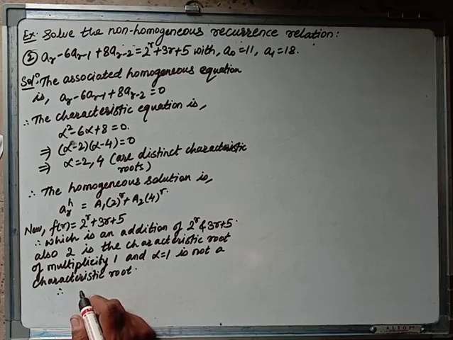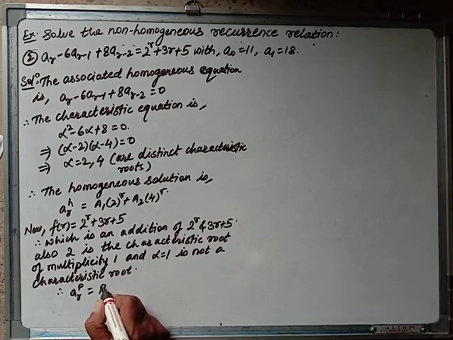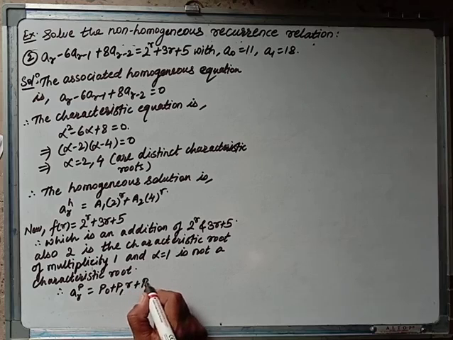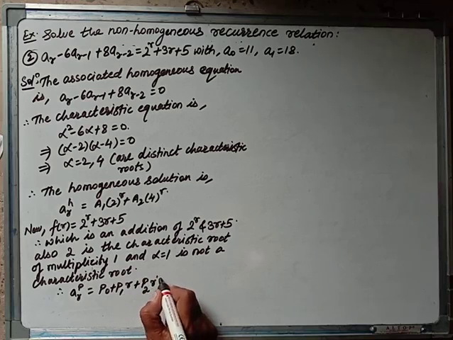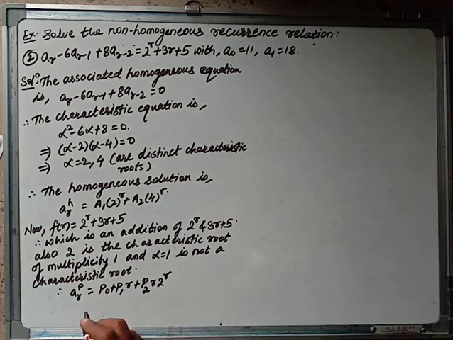Therefore, by the general form of particular solution, we get the particular solution will be P0 plus P1 r plus P2 r into 2 raised to r. It will be as such. Fine. Now, let us find the values of these three constants first.